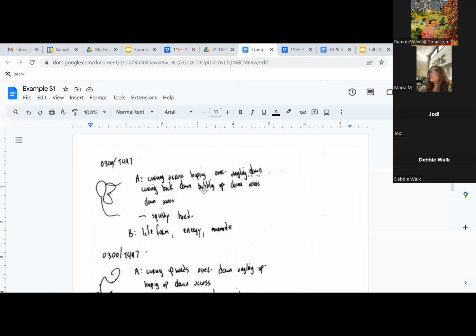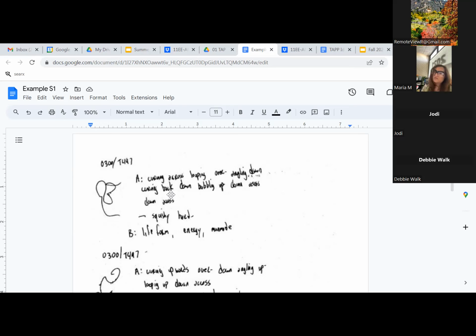Let's see more examples. T497. I did a quick ideogram that had a lot of movement. So I called it curving across, looping over, angling down, curving, bubbling up, down across, and then I went back and touched it with my pen again and described it as squishy and hard.